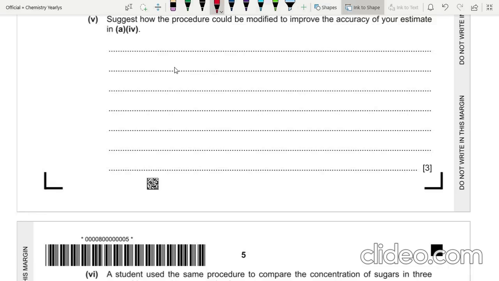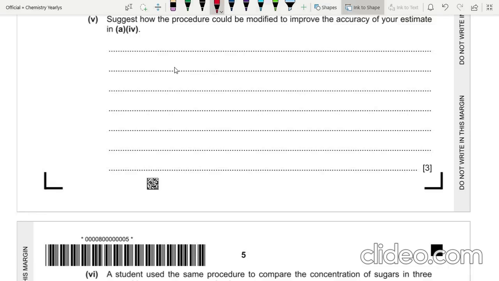Like for example, in this we are estimating the concentration of C, but how are we going to improve and modify this experiment so that we could estimate the concentration of C more precisely?